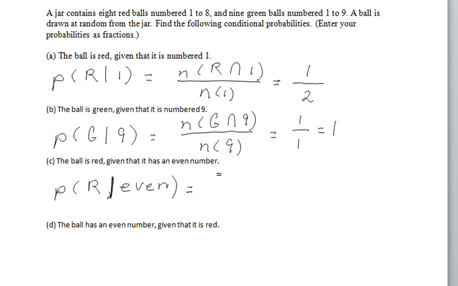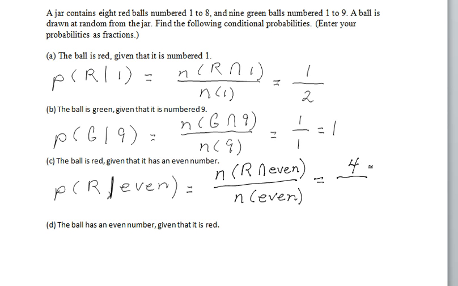This would be the number of balls that are red and have an even number divided by the number that have an even number. So there are 4 even numbered red balls.